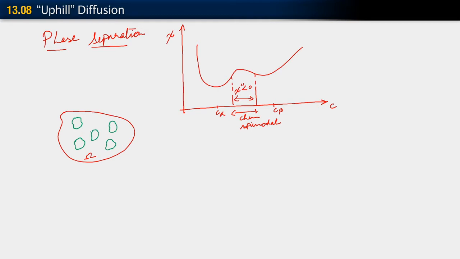Now, just for the purpose of argument, let's suppose that these green colored regions are the phase beta. Okay, and the region around it is the other phase alpha.